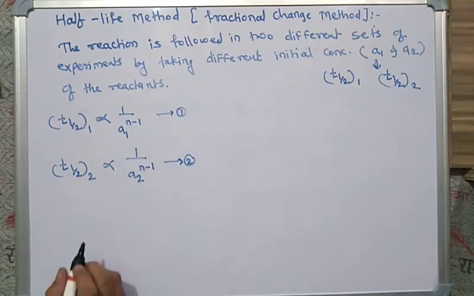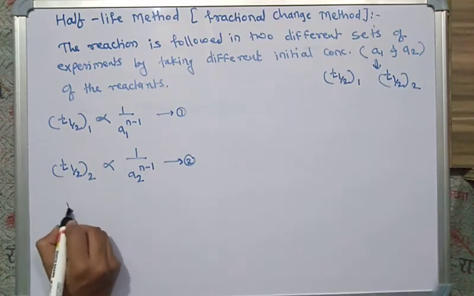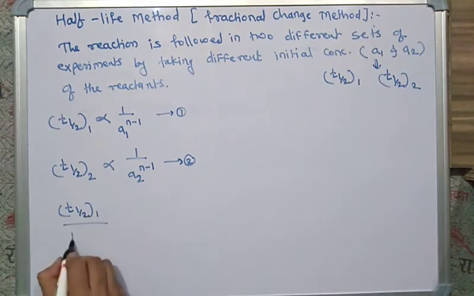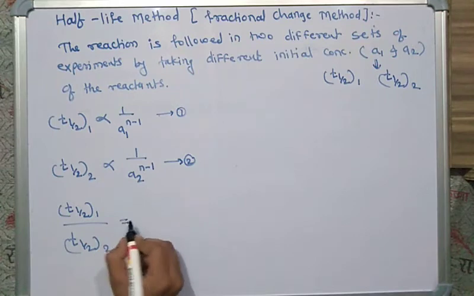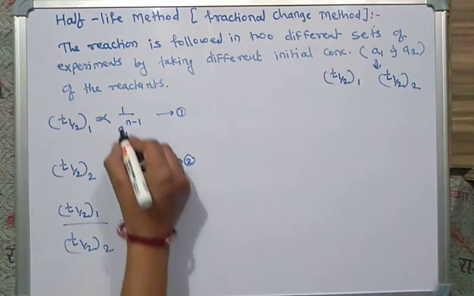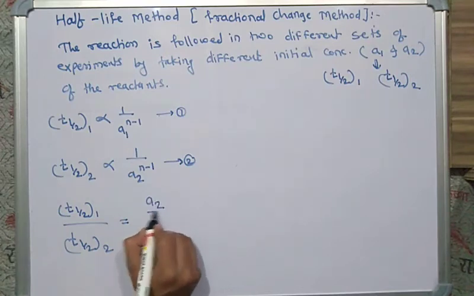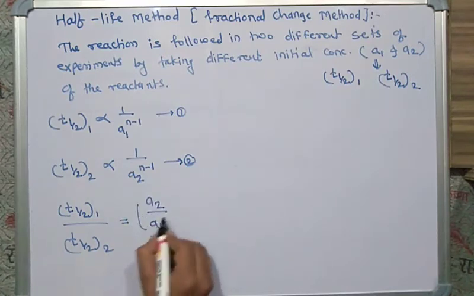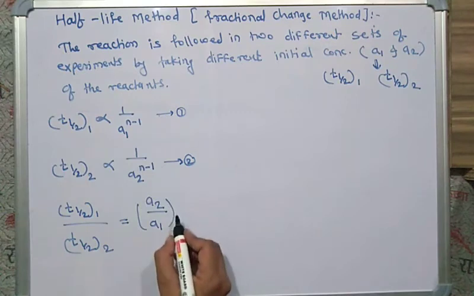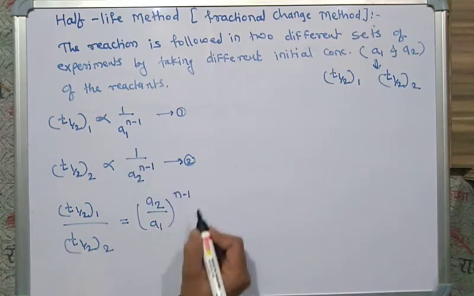If we divide these two equations, we get T half of 1 divided by T half of 2 is equal to 1 divided by A1 and 1 divided by A2. This will be written as A2 divided by A1 to the power n minus 1.